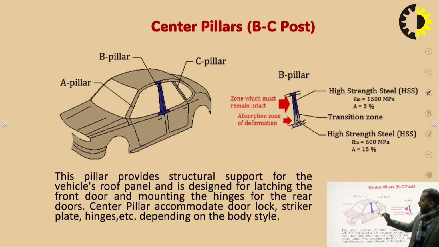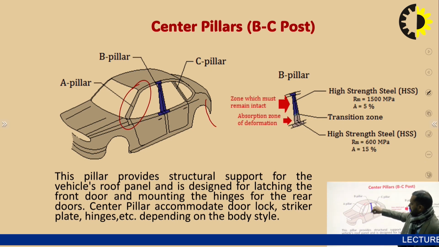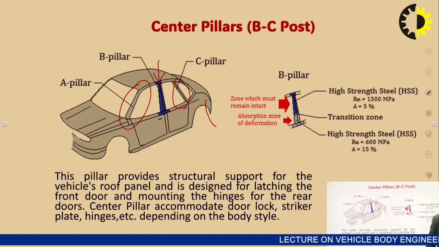Here, in a three box car, the first pillar is known as the A pillar, another is the B pillar, and the third one is the C pillar. The number of pillars can be more than three. It depends upon the length of the vehicle. In the case of a limousine, it is five.